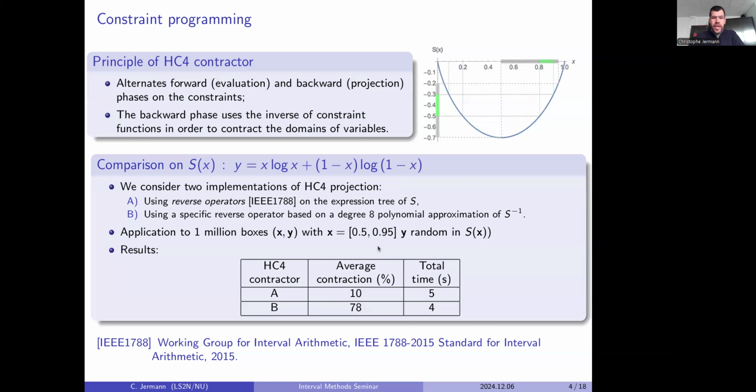And we just apply the HC4 contractor using A, the standard method, and B, the polynomial approximation at degree 8 derived method. And we can see that not only do we reduce the computation time, not by so much, but we improve a lot the contraction which is obtained.